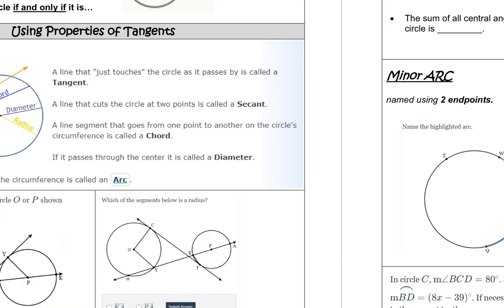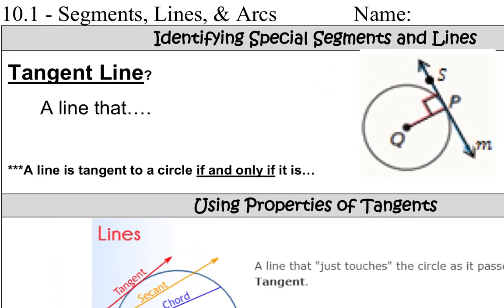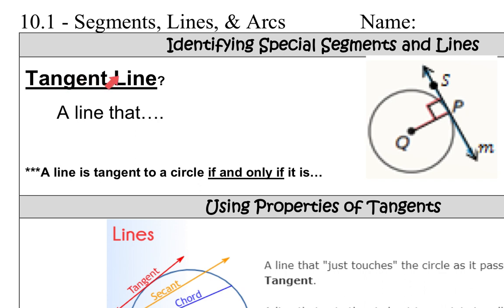All right, so first off, let's talk about what a tangent line is. A tangent line is a line that touches a circle, which we mean intercepts.